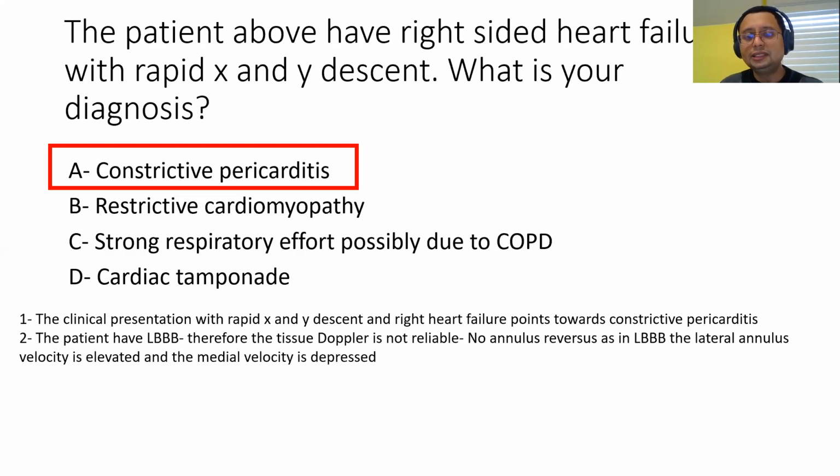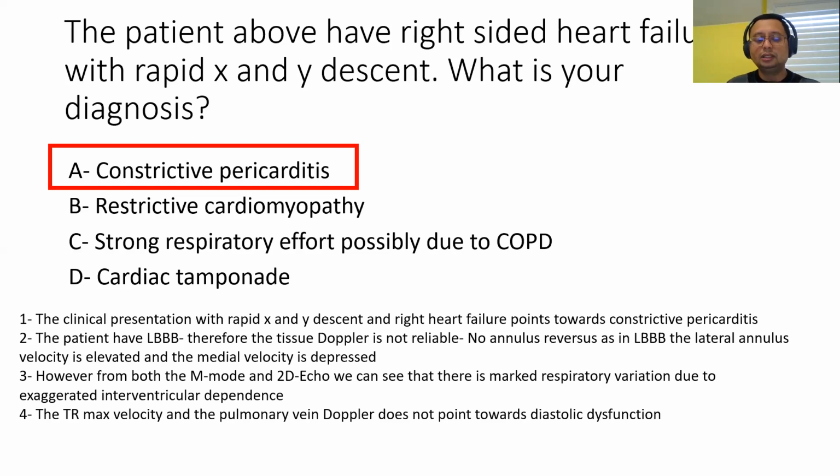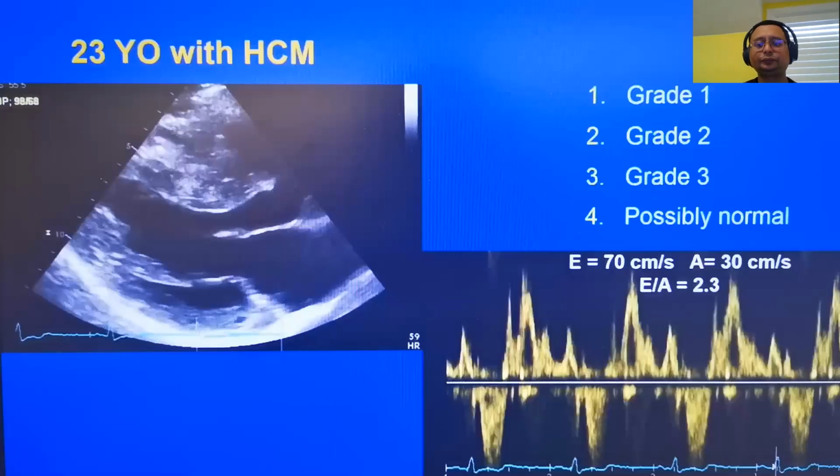No annulus reversus, as in LBBB, the lateral annular velocity is elevated and the medial velocity is depressed. However, from the M-mode and 2D echo, we can see that there is marked respiratory variation due to exaggerated interventricular dependence. The TR max velocity and the pulmonary vein Doppler do not point towards diastolic dysfunction.